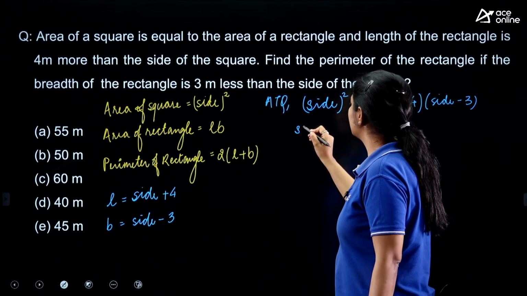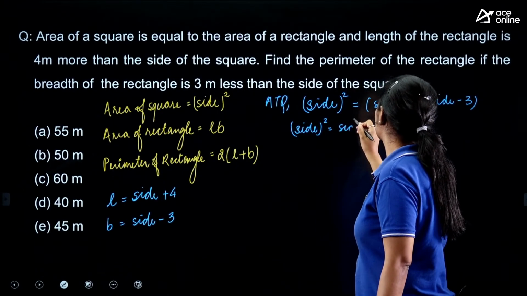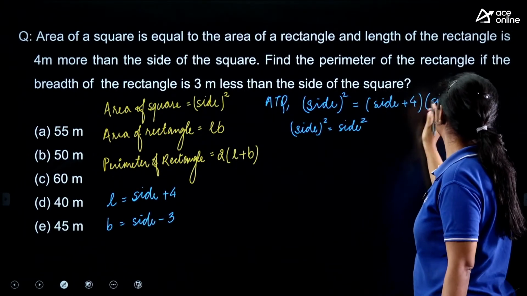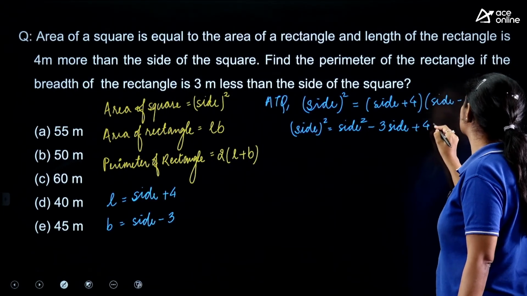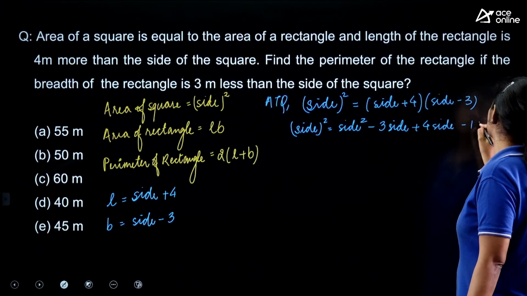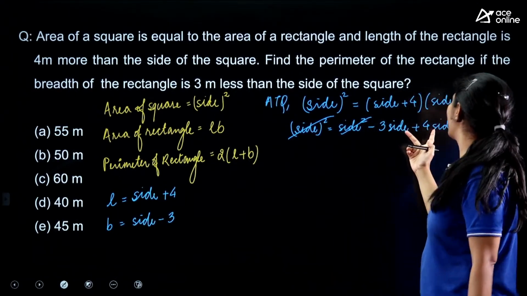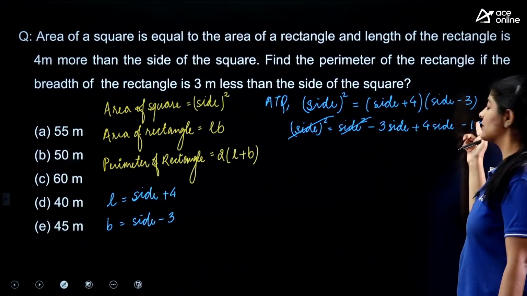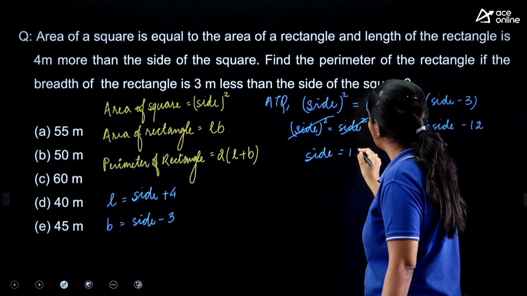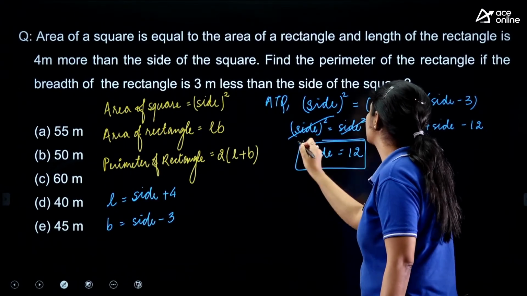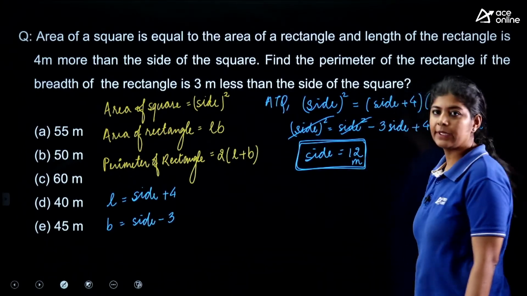Here we got side squared minus 3 side plus 4 side minus 12. Here this thing and this thing are eliminated. Here we got one side, positive, and we'll transfer this minus 12 to that side. So the side of the square is equal to 12. As we have units in meters, we put it as 12 meters.